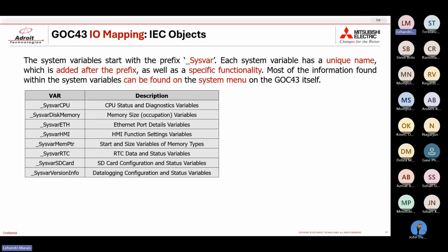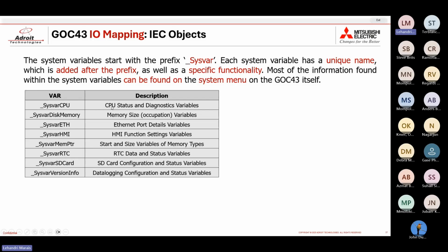So most of the information that the system variables hold can be found on the system menu on the GOC itself, but you can also access it through your program using these variables. The list of system variables is CPU, disk memory, Ethernet, HMI, memory pointer, RTC, SD card, and version info.